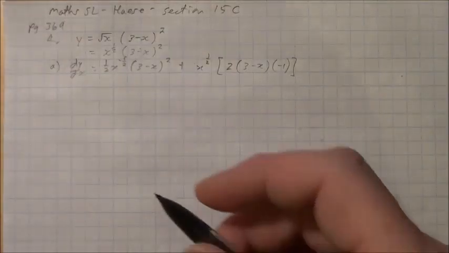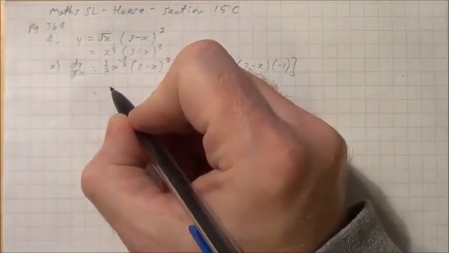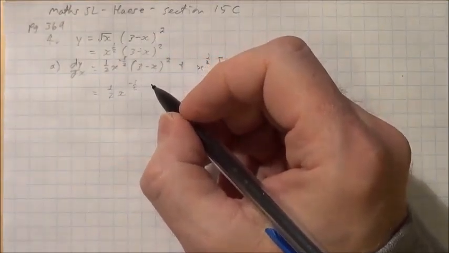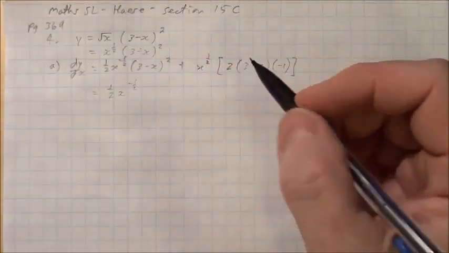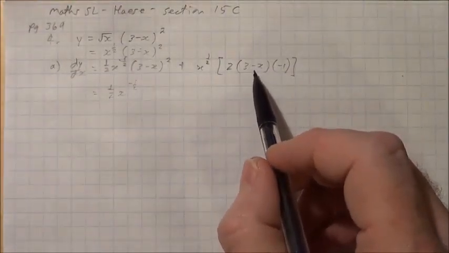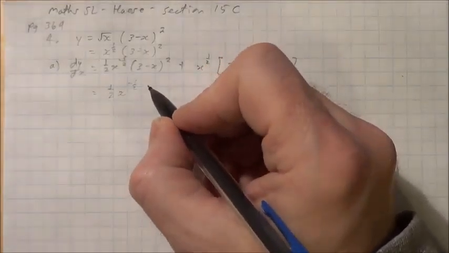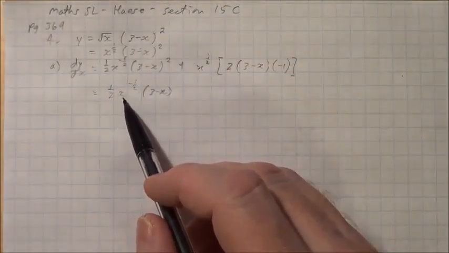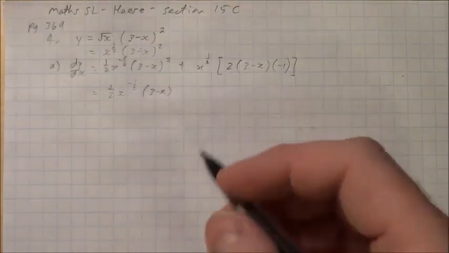And then I'll simplify this a little bit. So I get 1/2 x to the negative 1/2. Actually, maybe I'll do some factoring. I've got 3 minus x here and here, so I will factor out the 3 minus x, just as I factored out 1/2 x to the negative 1/2 from both of these.